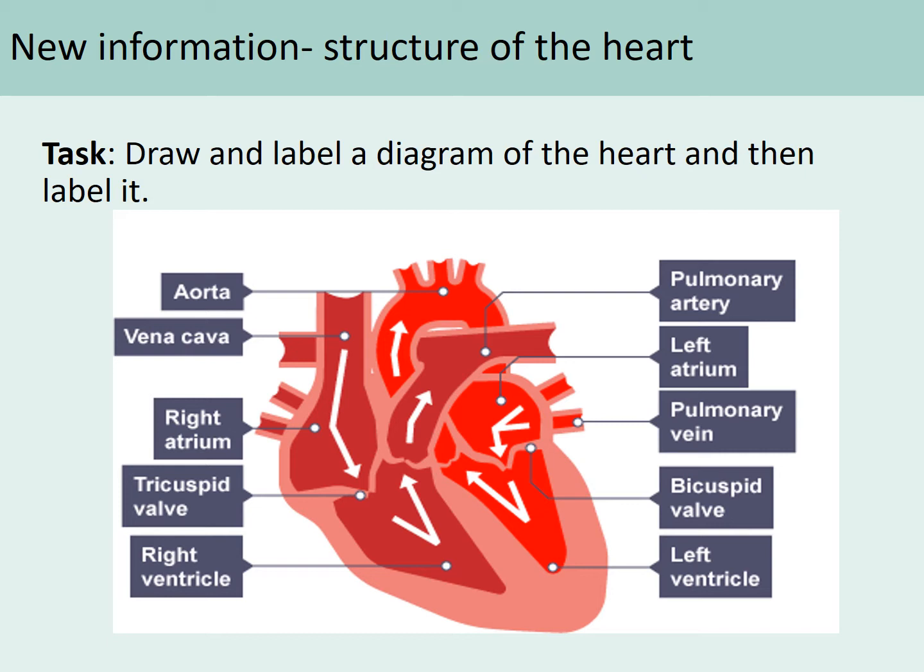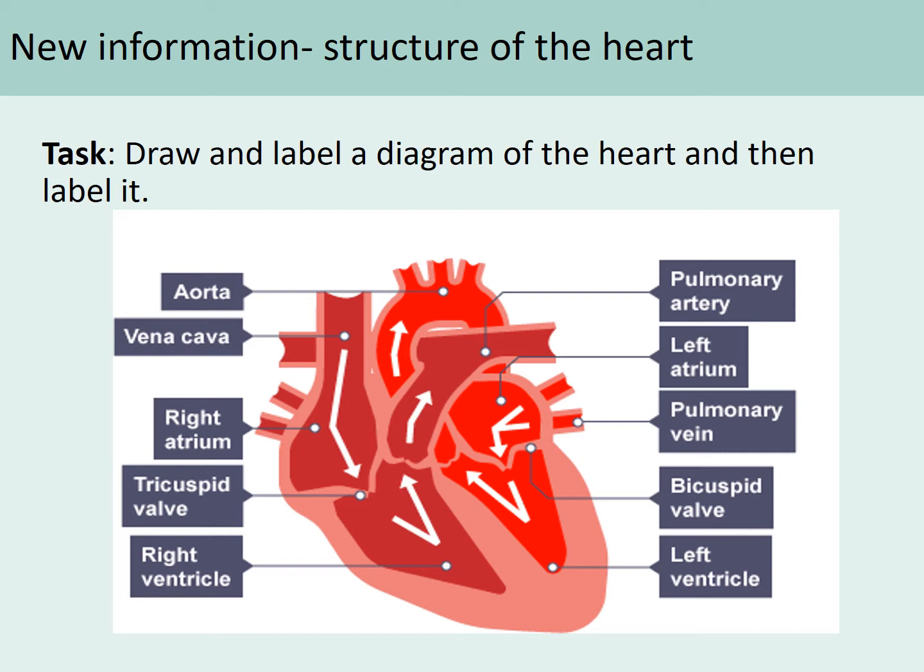Now between those chambers you will see that there are some valves. You've got the tricuspid and bicuspid valves that go between the atria and the ventricles, and there are also some valves that go between the ventricles and the arteries, but we'll look at those ones later on.